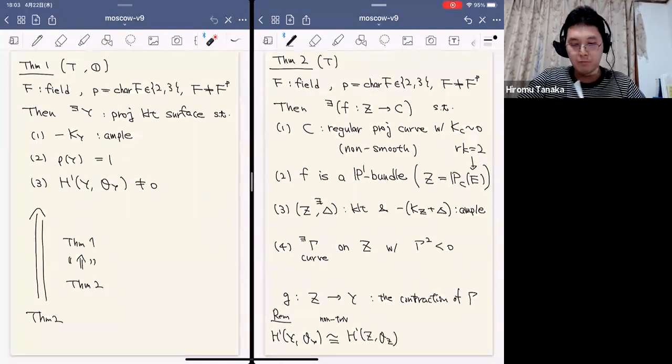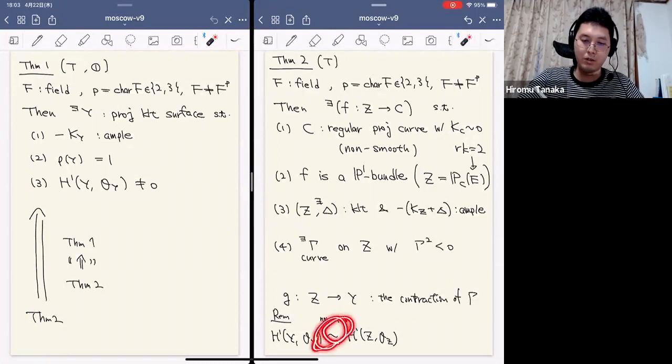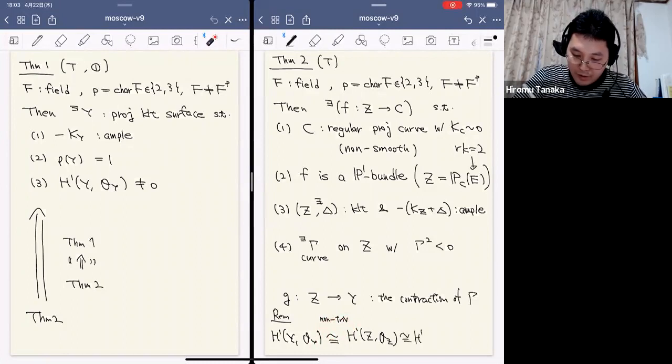Because the Bayesian morphism for surfaces satisfies the Fourier expansion, even in positive characteristic or even over a perfect field, we get this condition from the KLT condition. Then this is also isomorphic to H1 of C. This is easy because from Z to C is a P1 bundle.